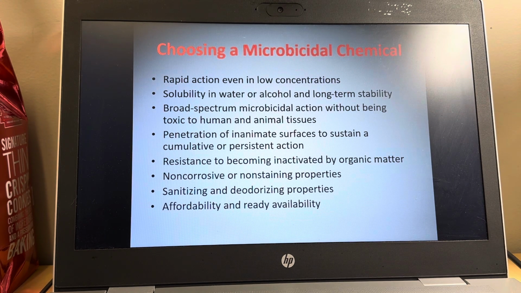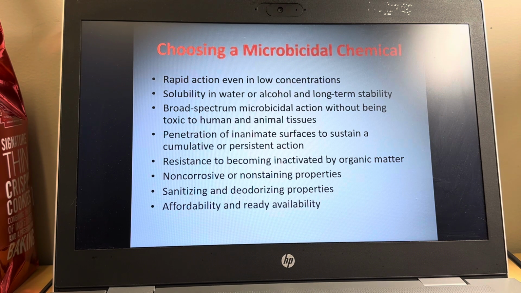Okay, so when you choose a chemical that you're going to use, let's say that you want to treat a patient room, and so you want to disinfect bed rails and the floors and anything that a patient might touch. There's a lot of considerations, and really a lot of them are common sense.